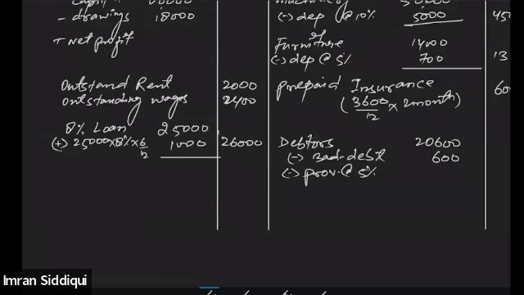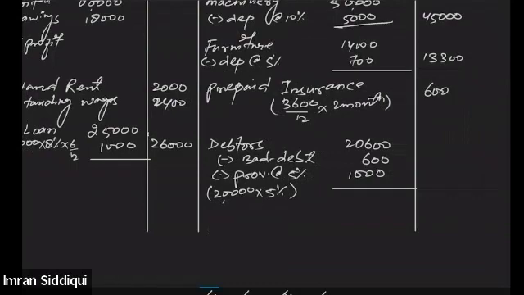So after subtracting 600, the remaining debtor is 20,000, right? And on this 20,000, we'll calculate 5%, which is 1,000. All right, so I'm just showing the calculation here. On 20,000, we will calculate 5% provision for doubtful debt. And whatever the remaining value we get, we'll record that in the balance sheet.